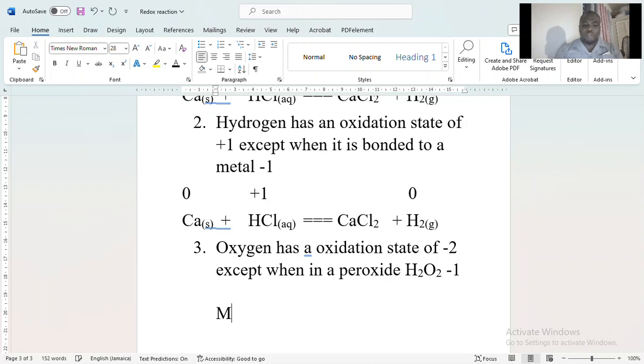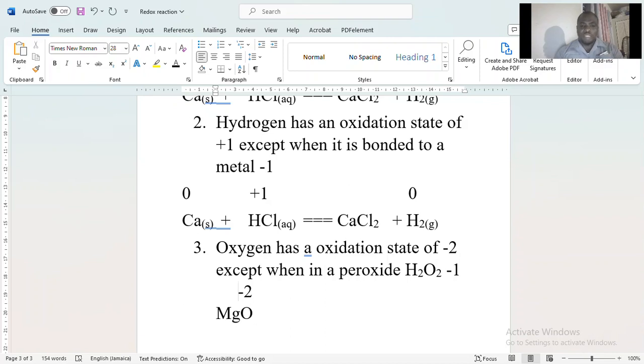take for example, if we look at this, what's the name of this compound? We should know that this is magnesium oxide. The oxidation state of the oxygen would have been a -2, and therefore, for two reasons, we'll soon talk about it.